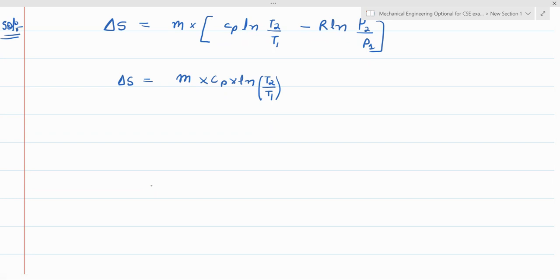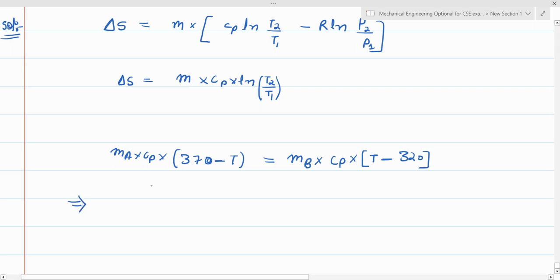Now we have to apply the principles of heat exchange, that is mass of water A multiplied by Cp multiplied by 370 minus T. Now 370 is Kelvin, 370 Kelvin minus T, so its temperature will decrease. So it is equal to mb into Cp multiplied by T minus 320 because its temperature will increase.